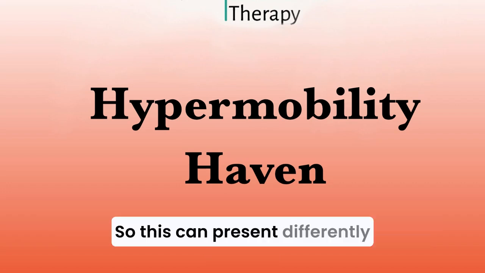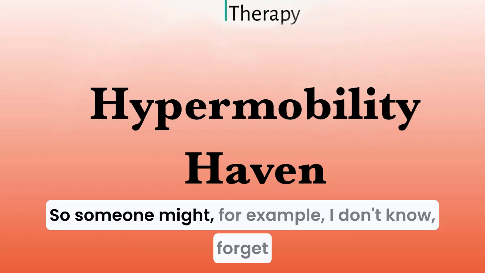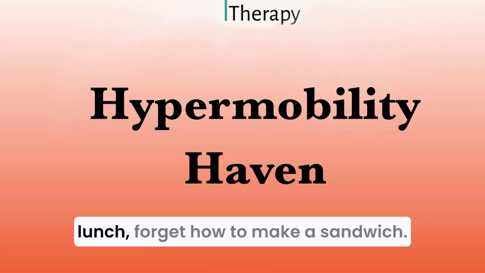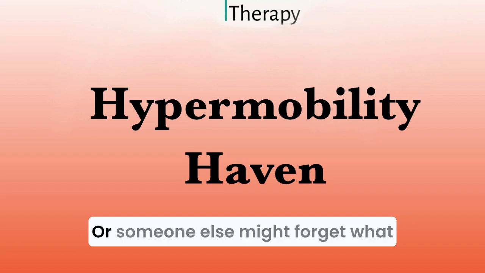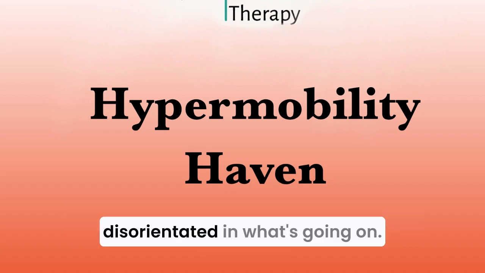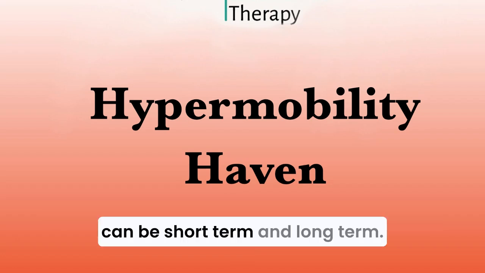So this can present differently for many different people. Someone might, for example, forget how to make their lunch, forget how to make a sandwich, or someone else might forget what the conversation's about and become completely disorientated in what's going on. So there are issues processing information, and it can be short-term and long-term.